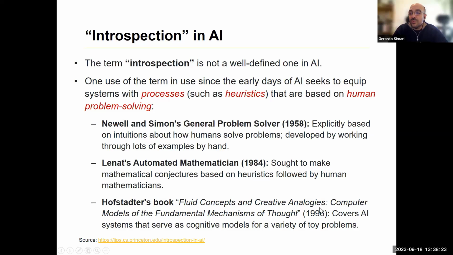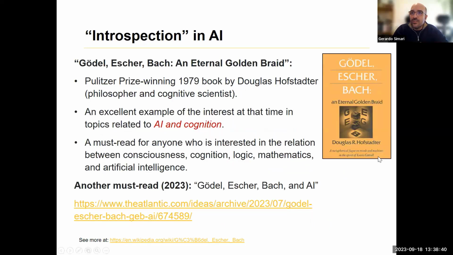That sought to cover AI systems that serve as cognitive models for a variety of toy examples, but that were significant examples of how humans carry out their reasoning processes. There's another book by this same author. It's actually a Pulitzer Prize winning book from 1979 by this philosopher, cognitive scientist, Douglas Hofstadter, called Gödel, Escher, and Bach.